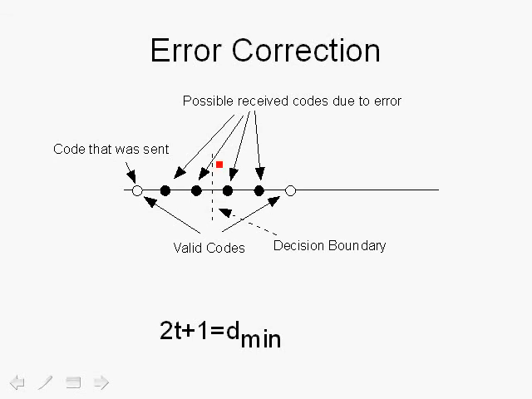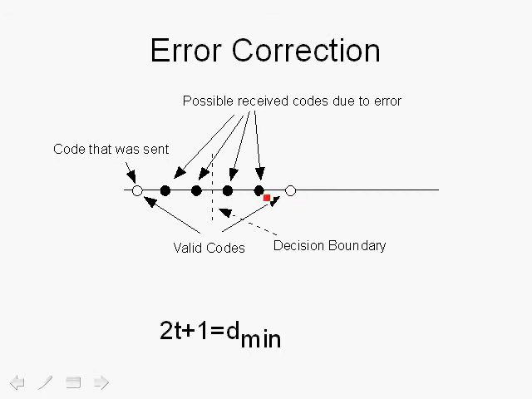So if we draw a boundary at the middle called the decision boundary, then if the received codes are to the left of that boundary, and this is a maximum likelihood type decoder, then we can assume that this code was sent. And if, of course, it falls on the right-hand side, we can assume that this code was sent.